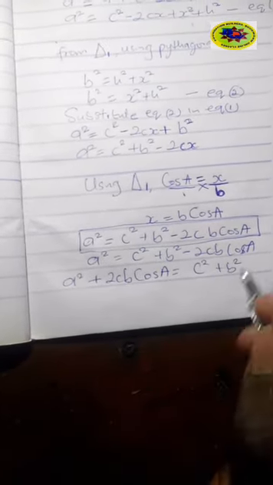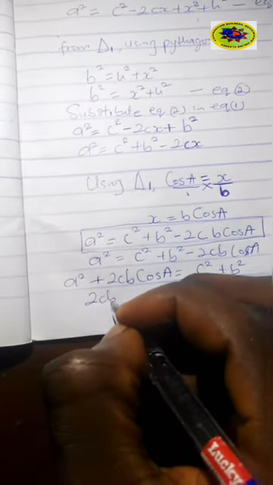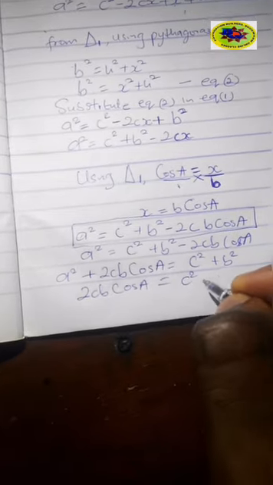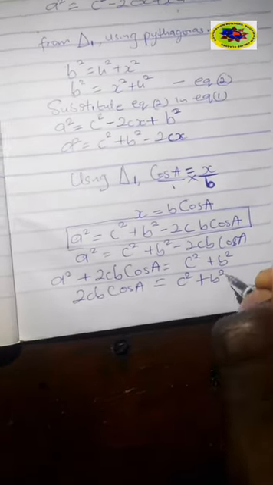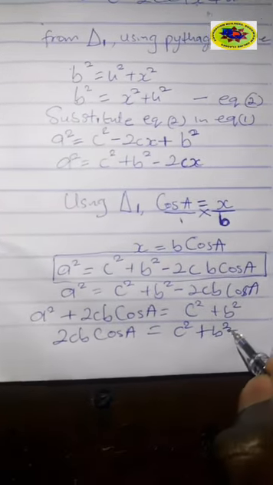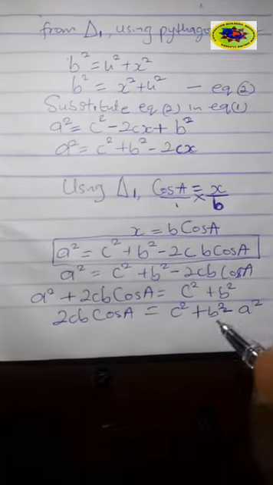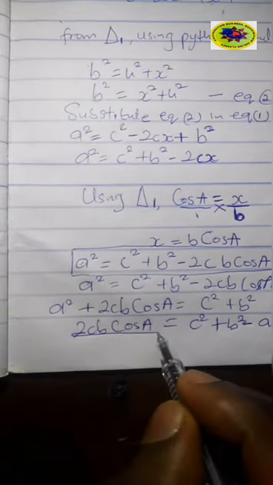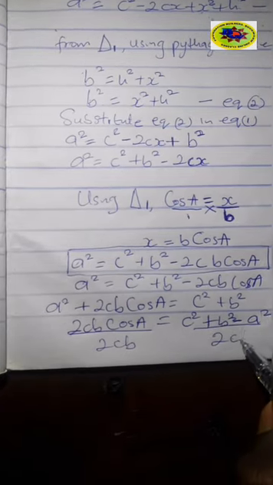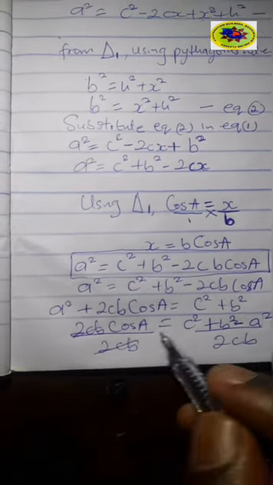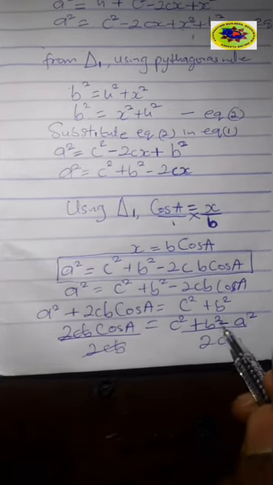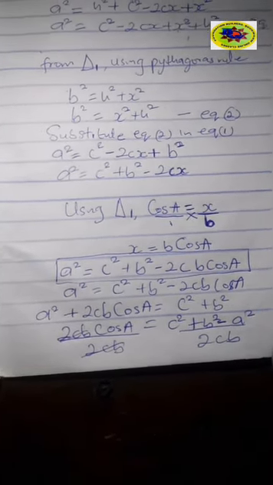Then carry a square to this side, turning it to minus: 2cb cos A is equal to c square plus b square minus a square. Now divide both sides by 2cb. That means cos A is equal to c square plus b square minus a square all over 2cb.